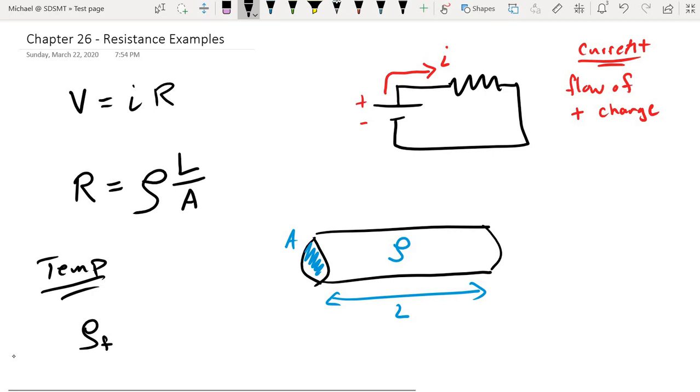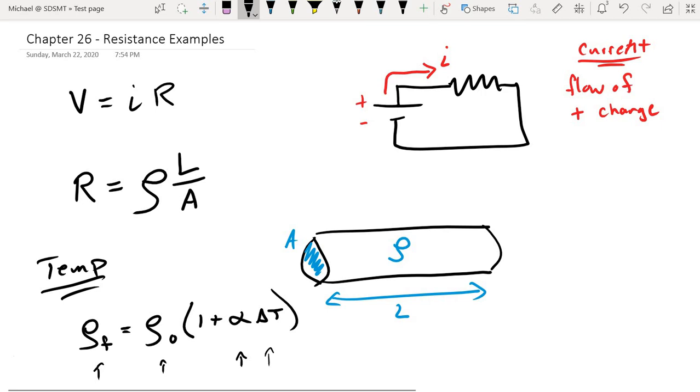The way that's going to occur, this was the final equation that we put together in the last video, where rho naught is the initial resistivity of the material, rho final is the final resistivity, and that resistivity changes based on a change in temperature and the unique thermal coefficient of that material.